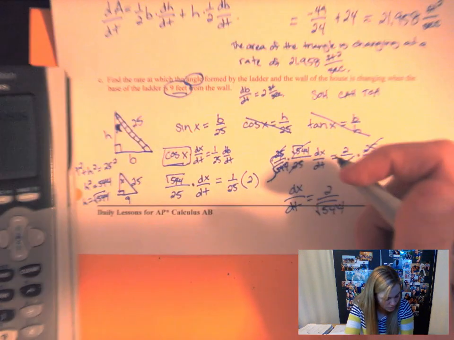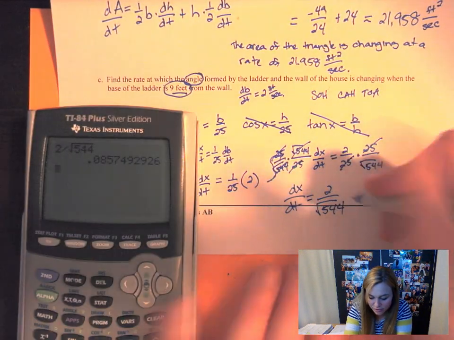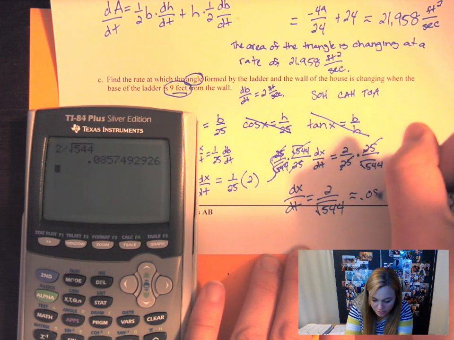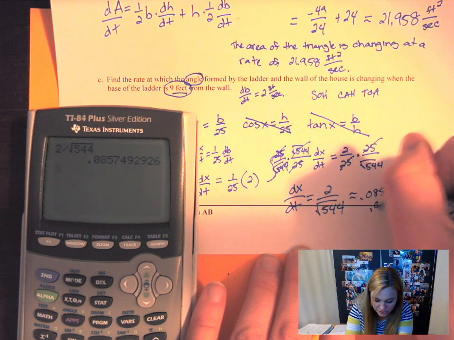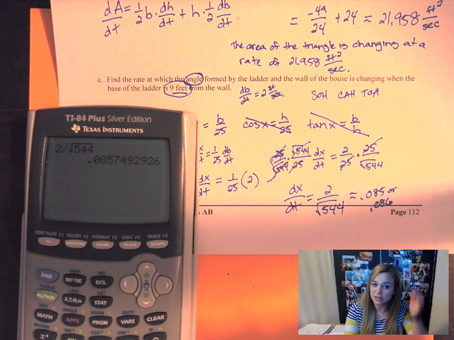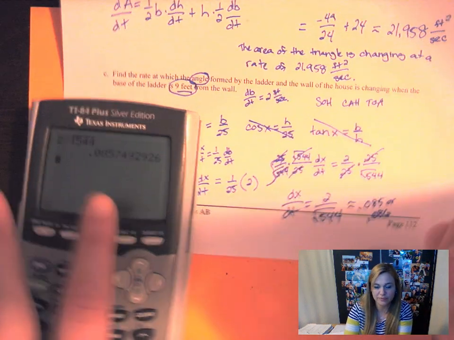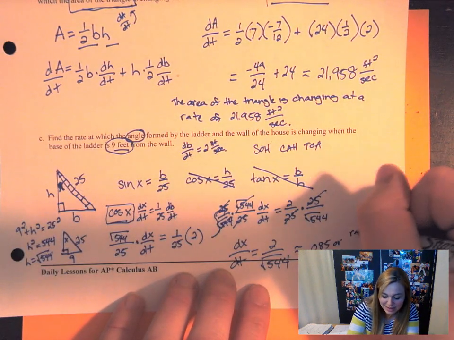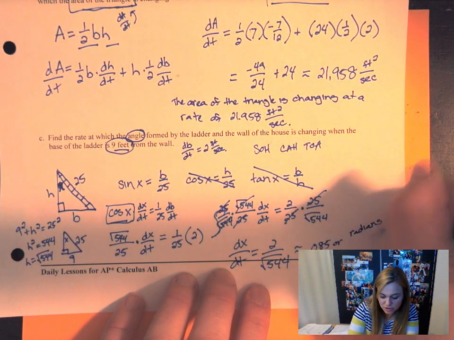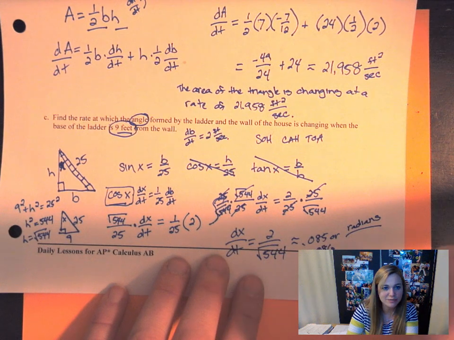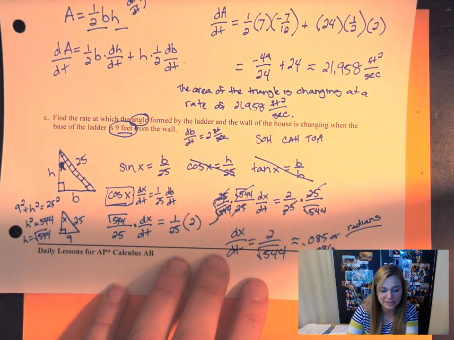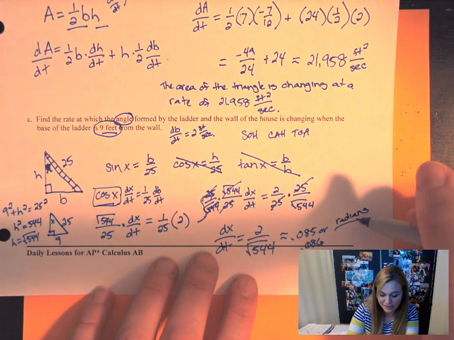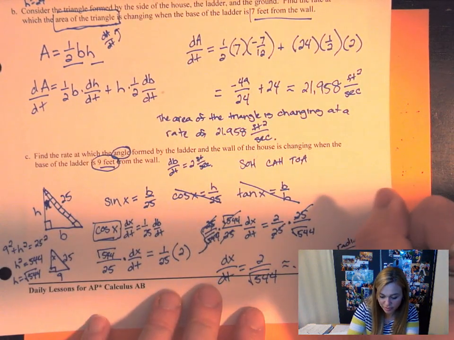I get 0.085, or you could say 0.086. You don't have to do both. This would be radians because we're talking about calculus. Even though that was not mentioned yet, we've only been dealing with radians in calculus. So radians per, the time will remain the same, so seconds.